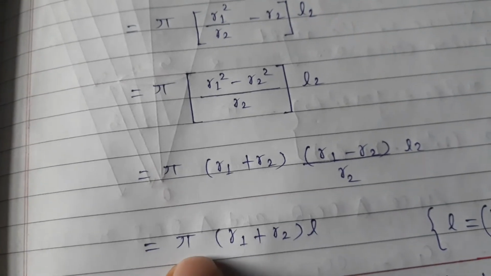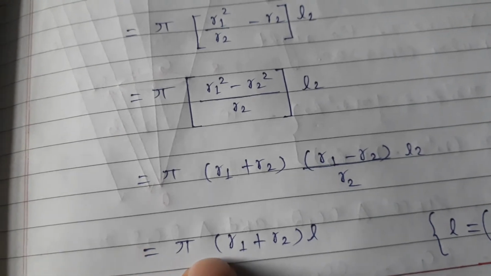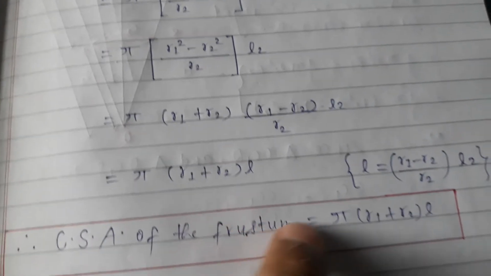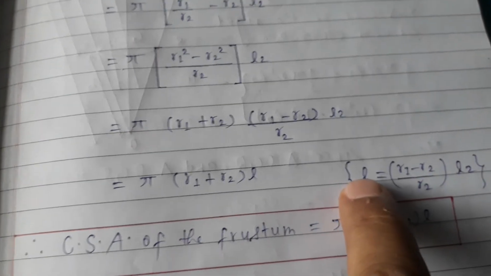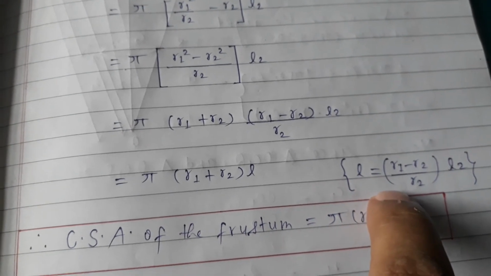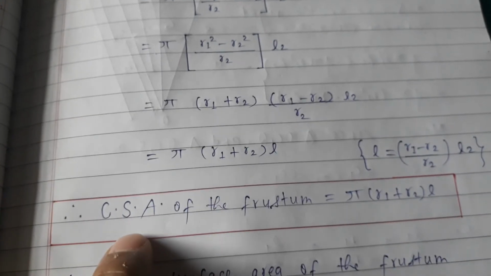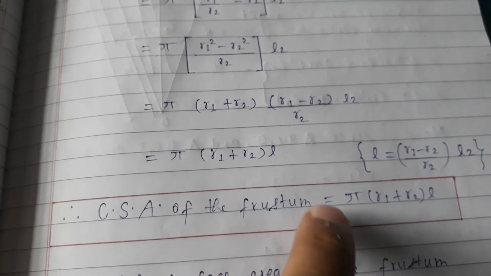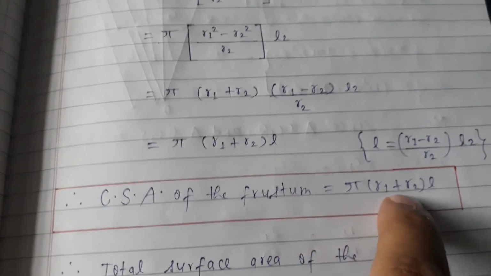So it comes equal to pi into (R1 plus R2) into L. Why? Because this whole term is equal to L from equation number 2. Therefore, CSA of frustum, the curved surface area, equals pi into (R1 plus R2) into L.